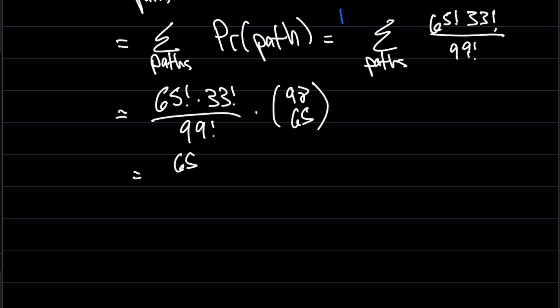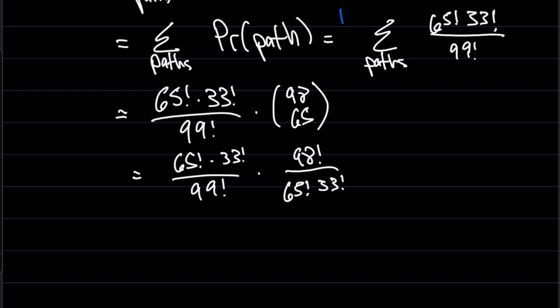Which then simplifies if we do some algebra here and just expand this binomial coefficient, we get 98 factorial over 65 factorial, and then this ends up being 33 factorial, which is 98 minus 65. And wow, look at this. Now we can cancel, and we are left with 98 factorial over 99 factorial, which ends up just being 1 over 99. Our final answer being 1 over 99.